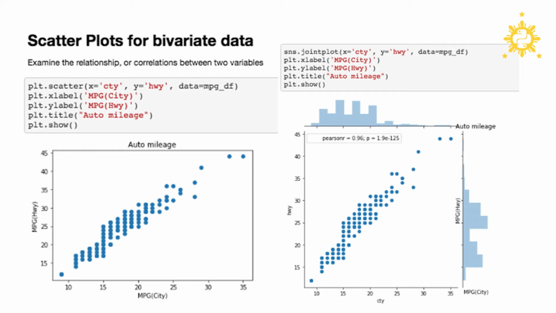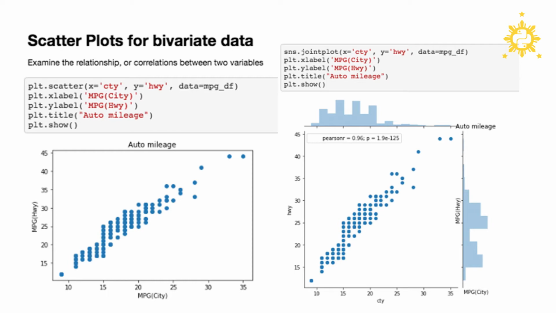I plotted it twice because I wanted to show the difference between bivariate plots, scatter plots in Matplotlib, which is very basic. You get the XY coordinates, it provides the plot points for you. For Seaborn, it's a bit nicer. They call it the joint plot.